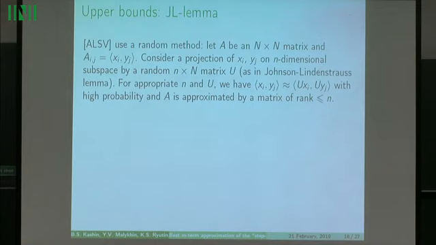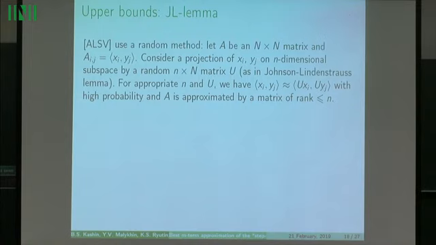And some words about upper bounds for this epsilon rank. One of the popular methods introduced by, I think, Alon and his co-authors is a random method. So we have our matrix A, and this matrix is represented somehow as scalar products of two systems of vectors, x and y. So we can consider a projection of all these vectors onto an n-dimensional random space, just as in the approach from the well-known Johnson-Lindenstrauss lemma.